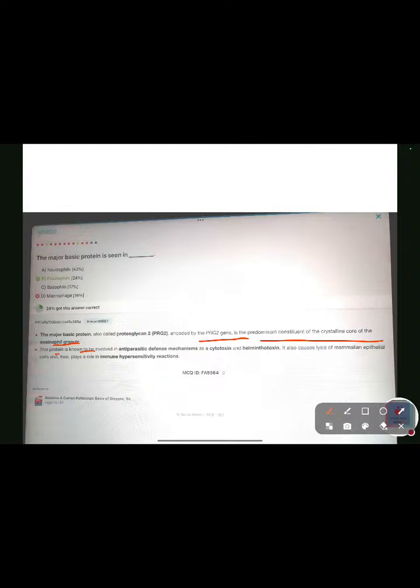The protein is known to be involved in antiparasitic defense mechanisms as a cytotoxin and helminthotoxin, causing lysis of mammalian epithelial cells and thus playing a role in immune hypersensitivity reactions.